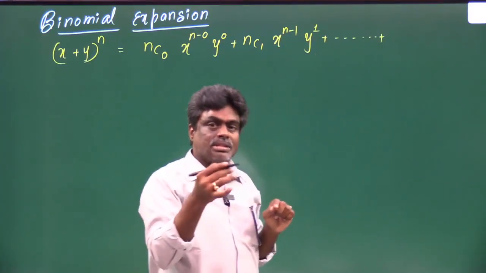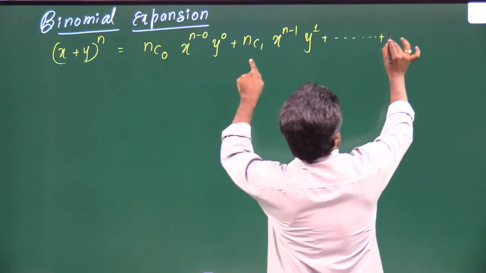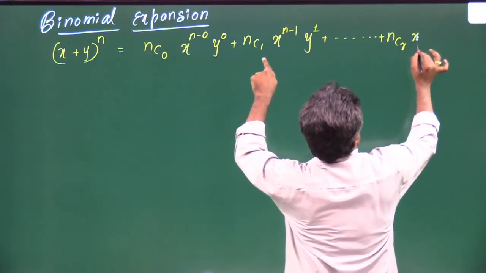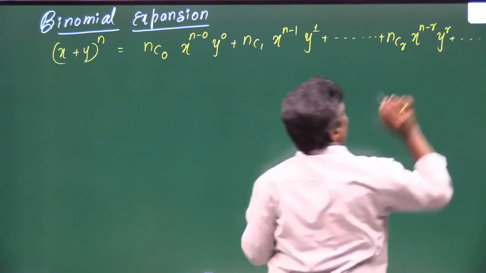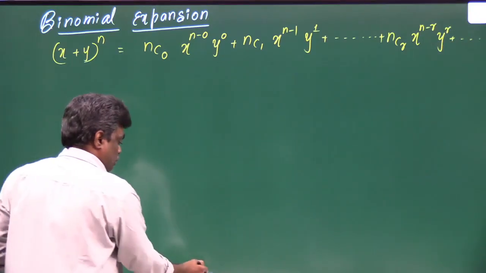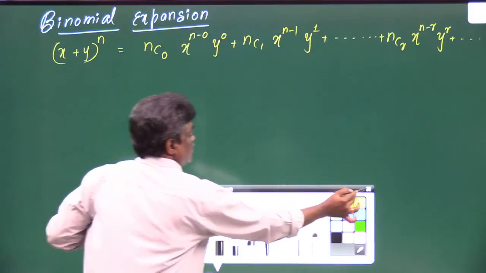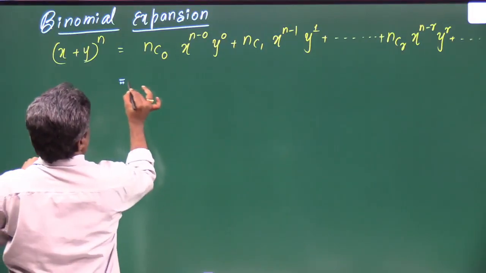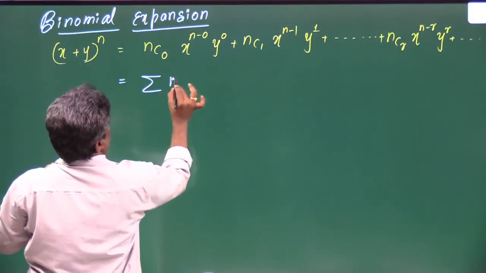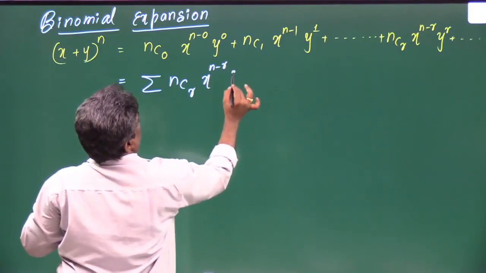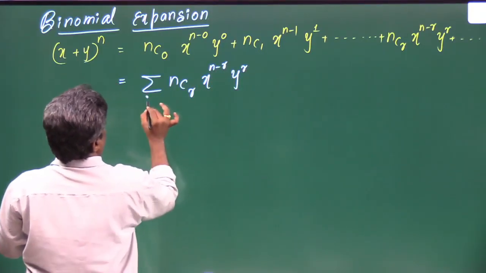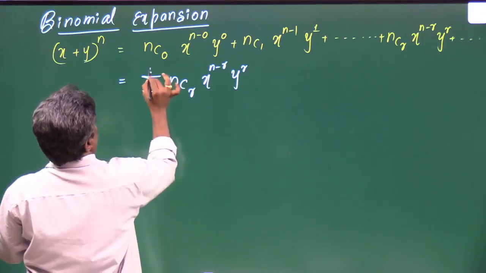The general term is nCr x power n minus r into y power r, plus so on. If you write this in the summation form, it is the summation of nCr x power n minus r into y power r, where r is equal to 0 to n.